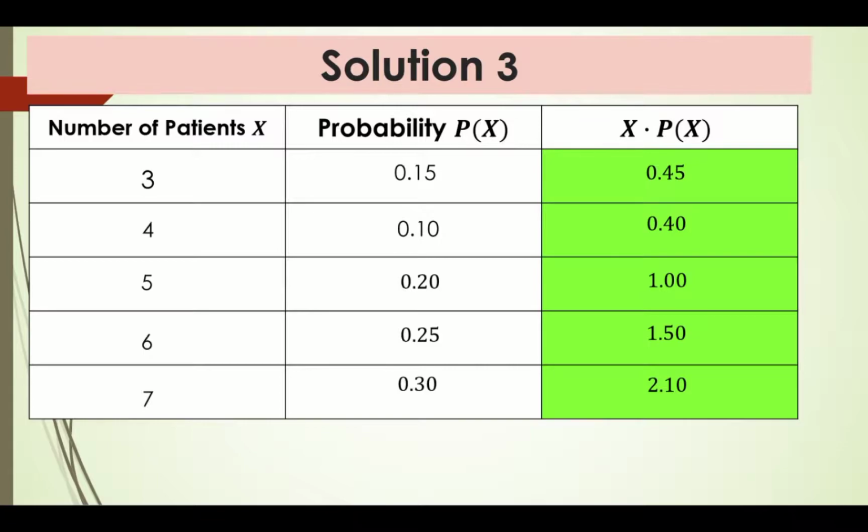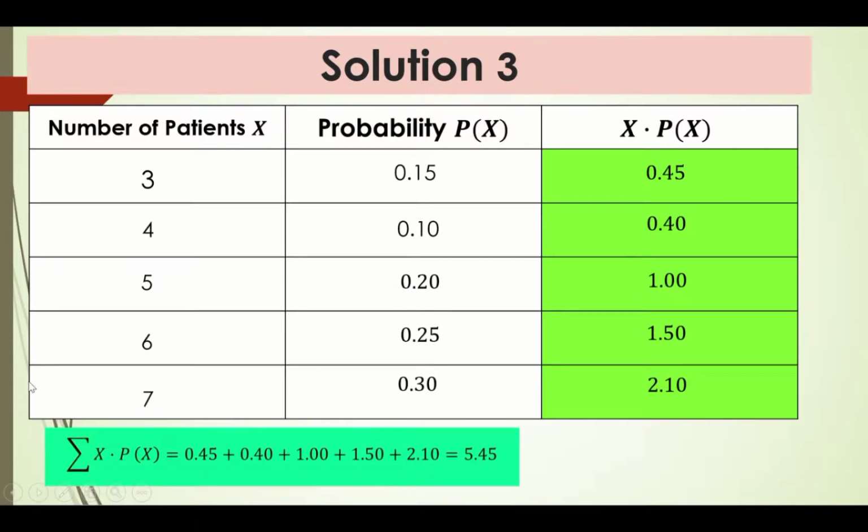To get the summation of x times p of x, we need to add the answers in the third column. The summation of x times p of x is equal to 0.45 plus 0.4 plus 1 plus 1.5 plus 2.1, which is equal to 5.45.